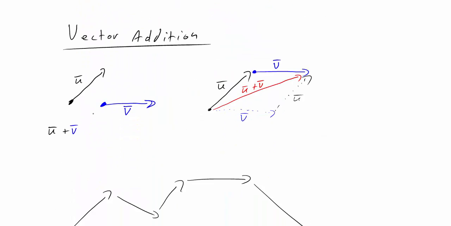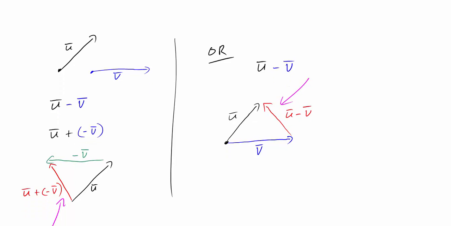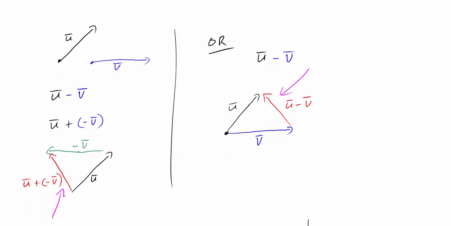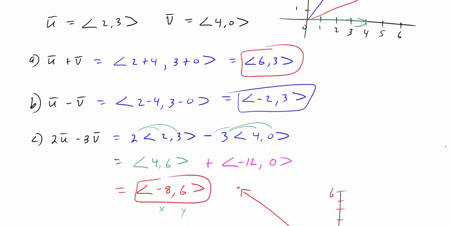And vector addition, you're simply adding your vectors graphically head to tail. Or if you're looking at subtracting, we can think of that as adding the opposite of the vector, or we can think of adding the two vectors tail to tail. And algebraically, you're just simply adding or subtracting your x coordinates if you're adding your vectors or subtracting.